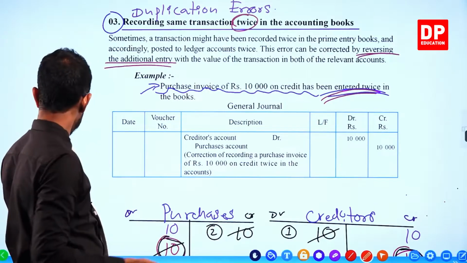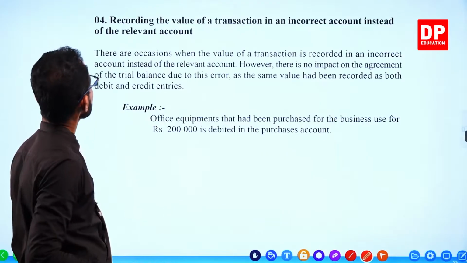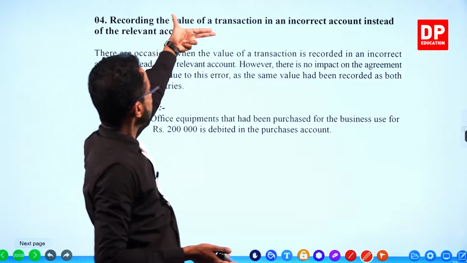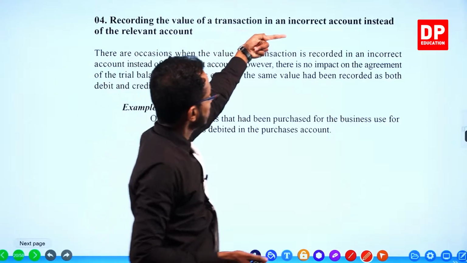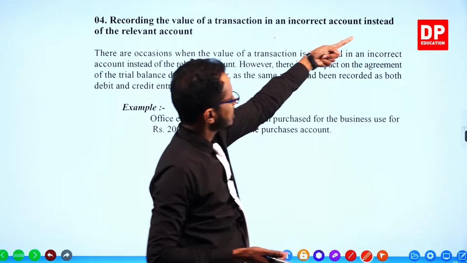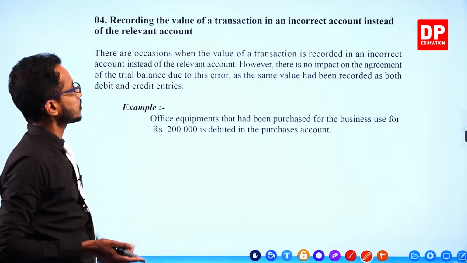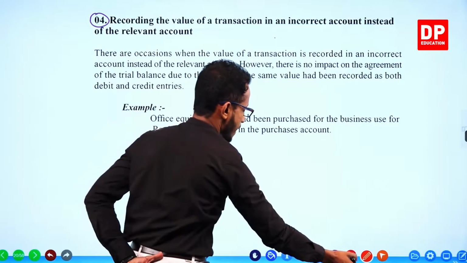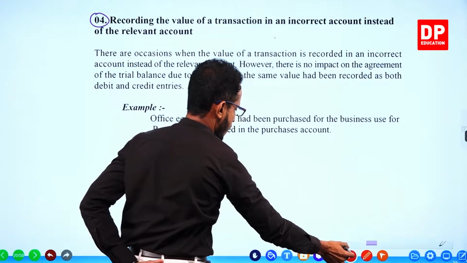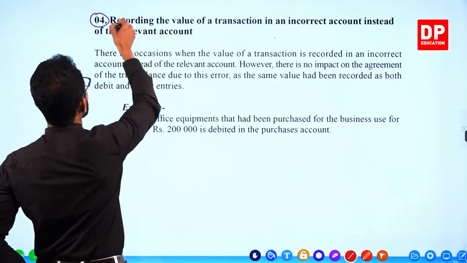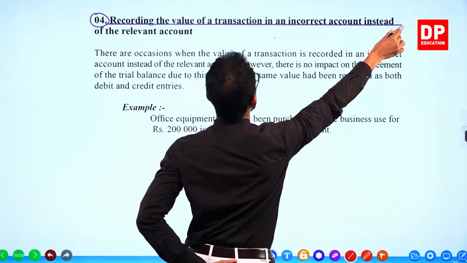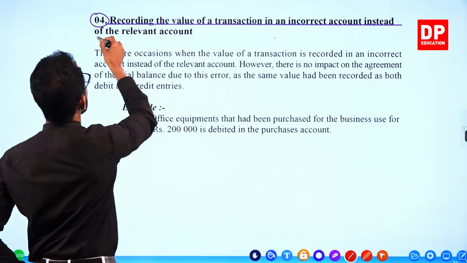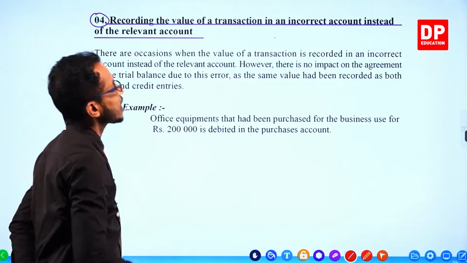Then we have the next error. Recording the value of a transaction in an incorrect account instead of the relevant account. All right. Recording of the value of a transaction in an incorrect account.